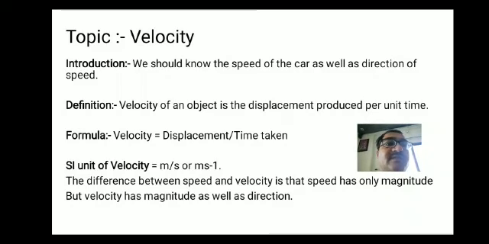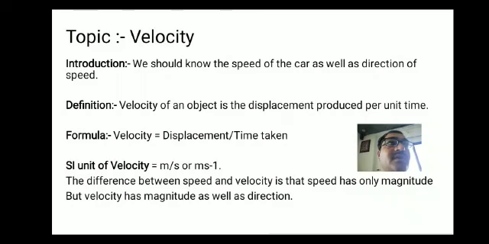So what is the difference between speed and velocity? Speed has only magnitude. Magnitude means value, or we can say size also, but velocity has magnitude as well as direction. It means its value as well as direction.